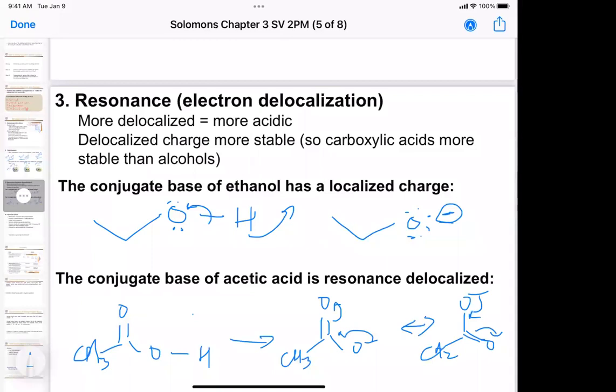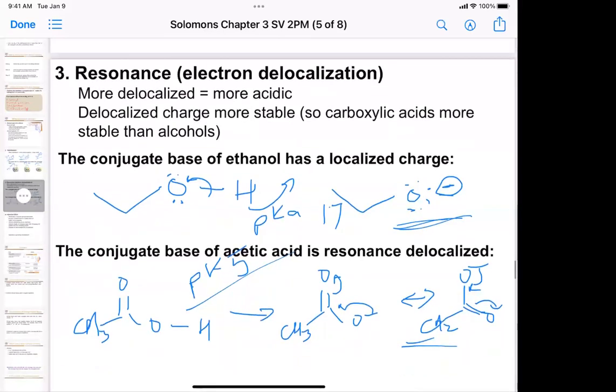So it spreads that negative charge out over a wider number of atoms. This is only on the oxygen by itself; this is on two different oxygens. This pKa is 17. This pKa is about 5. That's the big difference. The resonance is telling us we can be much more acidic because it stabilizes that negative charge, just like in hybridization, where we're stabilizing that negative charge with those electrons held in tight orbitals, that s orbital.